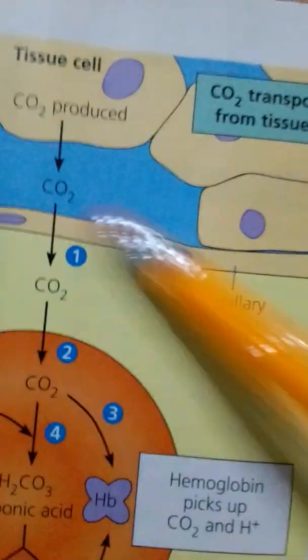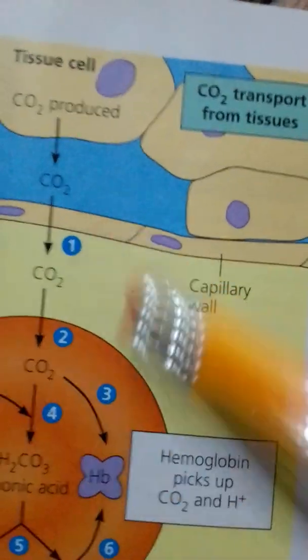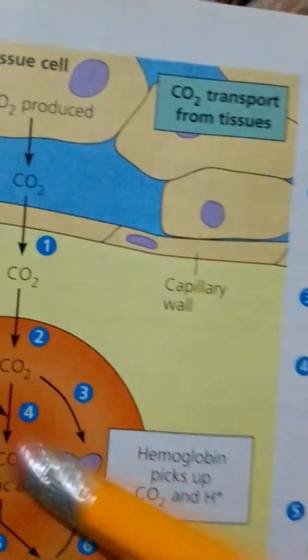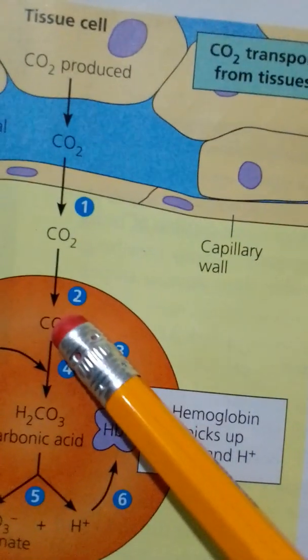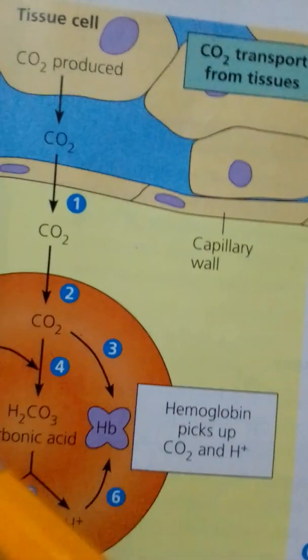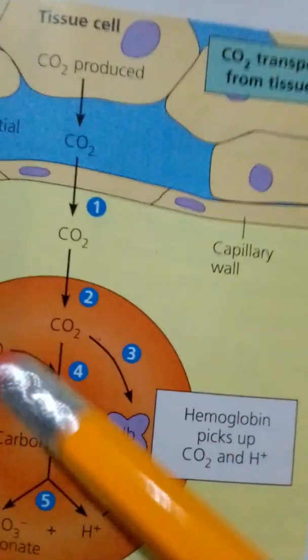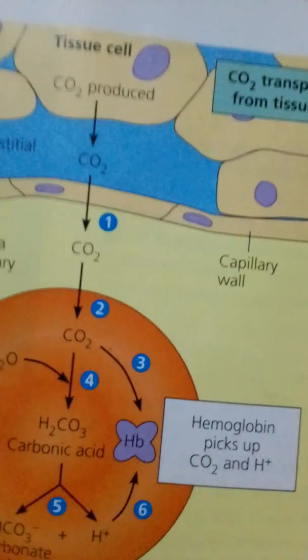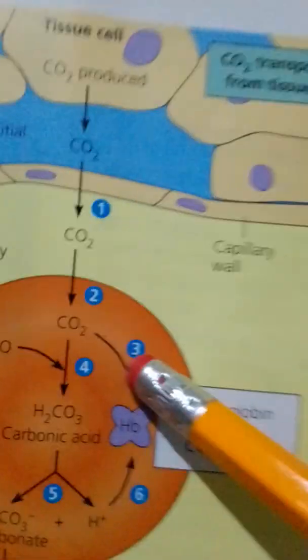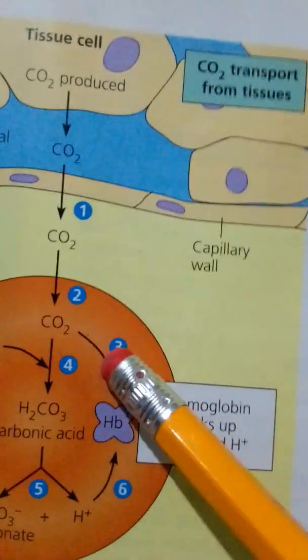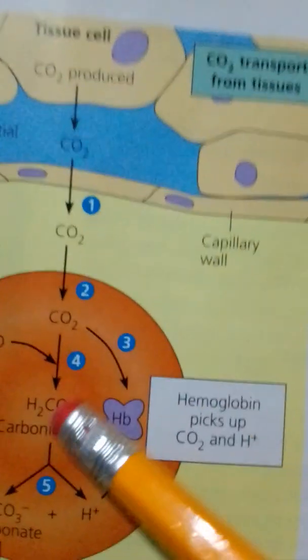Step 1: Carbon dioxide produced by body tissues diffuses into the interstitial fluid and the plasma. Step 2: Over 90% of the CO2 diffuses into red blood cells, leaving only 7% in the plasma as dissolved CO2. Step 3: Some CO2 is picked up and transported by hemoglobin.